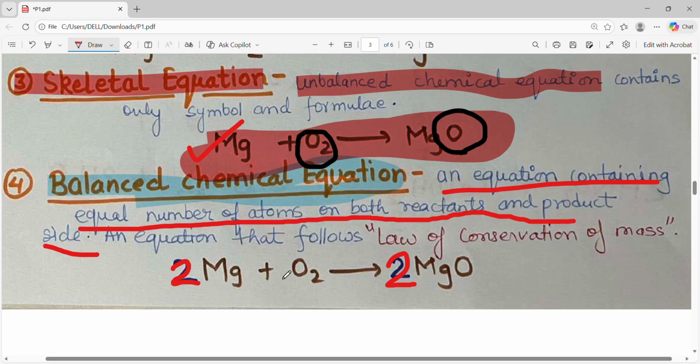So this reaction is said to be a balanced chemical equation. And for the answer, why it needs to be balanced? So to make it follow the law of conservation of mass. This is the answer why it needs to be balanced.